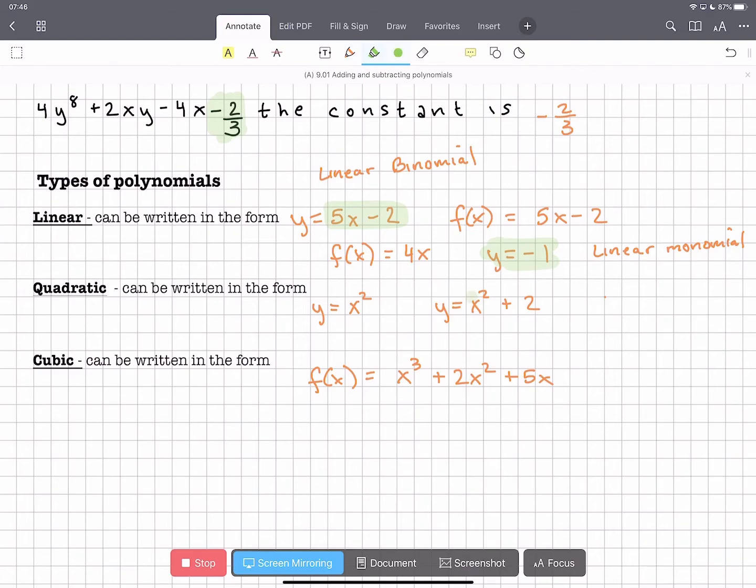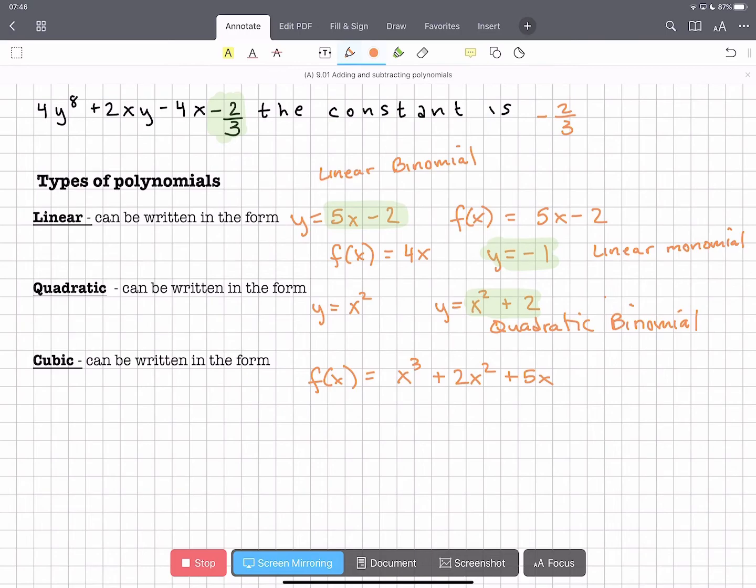X squared plus 2 is a quadratic binomial. So I'm naming it by the degree. That one's quadratic because it's got a degree of 2. And then I'm also classifying it by how many terms there are.